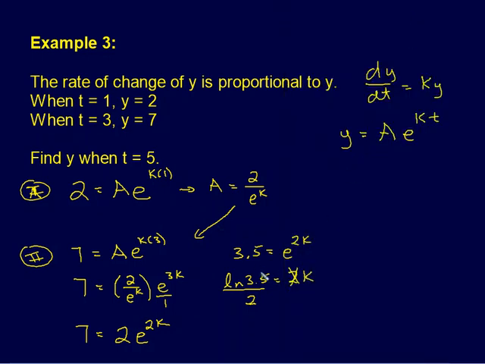And now we're going to solve for the quantity a by noticing that, remember back in our first equation when I rewrote it, a was equal to 2 over e to the k. So I'm now going to be able to solve for a. I'm going to do that on my calculator also.